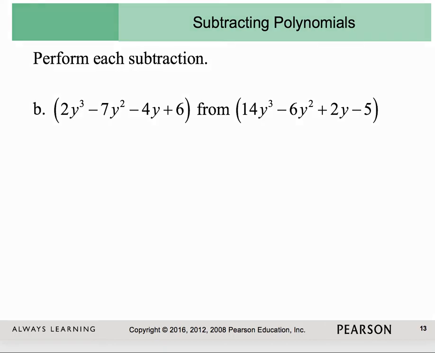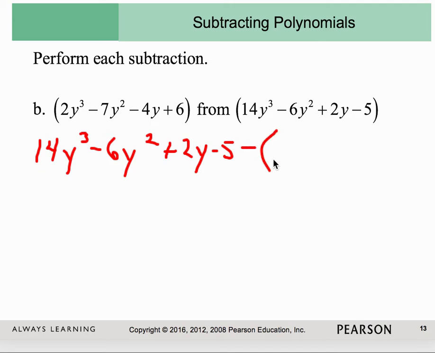Okay, subtraction, everything about subtraction we got to be really careful about. Read this. It says, take this from this. I can't just put a minus in here. It says this from this. I'm starting with this one. So it's 14y cubed minus 6y squared plus 2y minus 5. And then I'm going to take this. Now, I've got to be careful again because I'm going to take that whole thing.